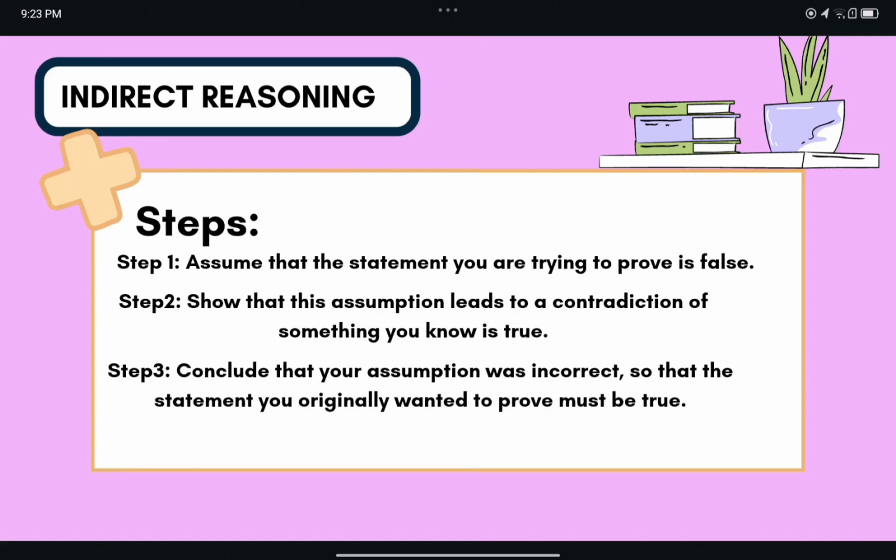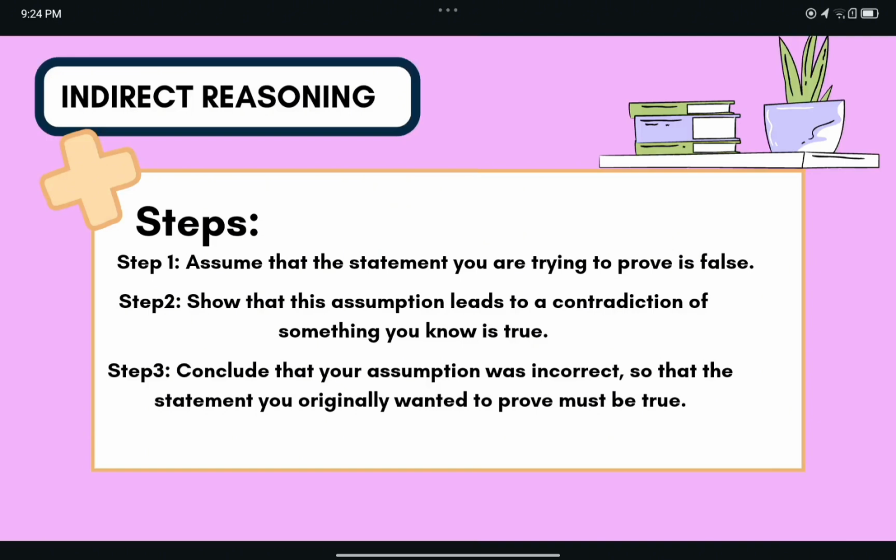Third step is conclude that your assumption was incorrect, so the statement you originally wanted to prove must be true. So in step 3, you need to conclude that your assumption was incorrect, para ang original statement ay mapatunayan mong totoo.